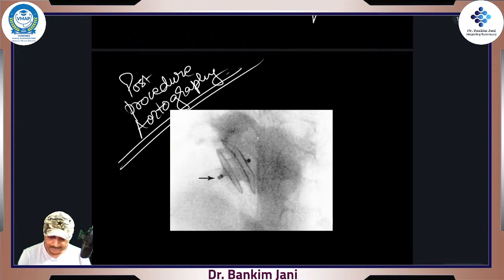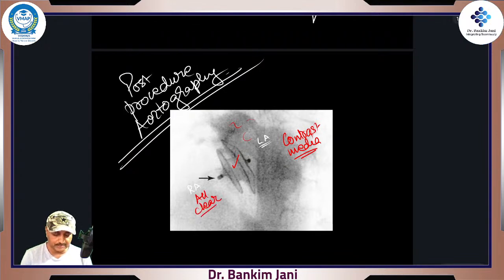So here is the left atrium and this one is the right atrium, this side. When you have injected the dye, see this all black, that is the contrast media. This contrast media is not at all crossing this Amplatzer. This one is our Amplatzer. So this is all clear on this side.